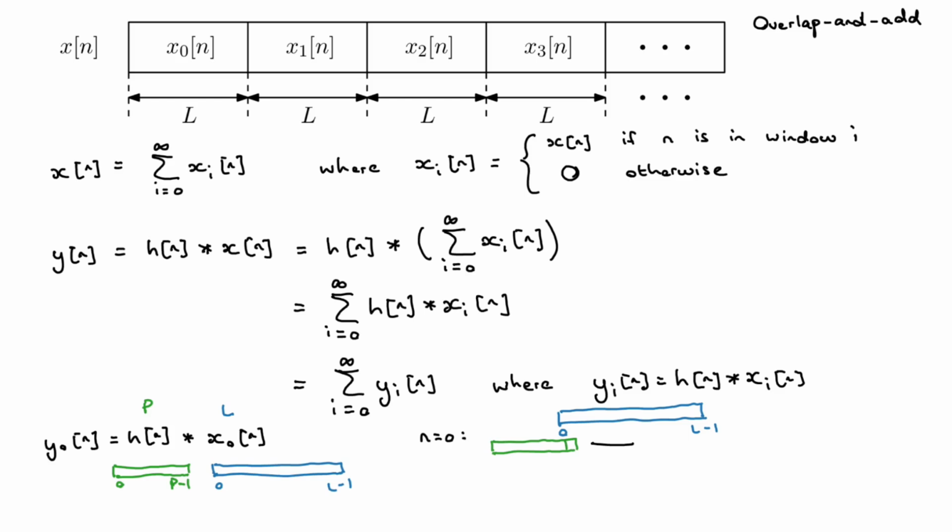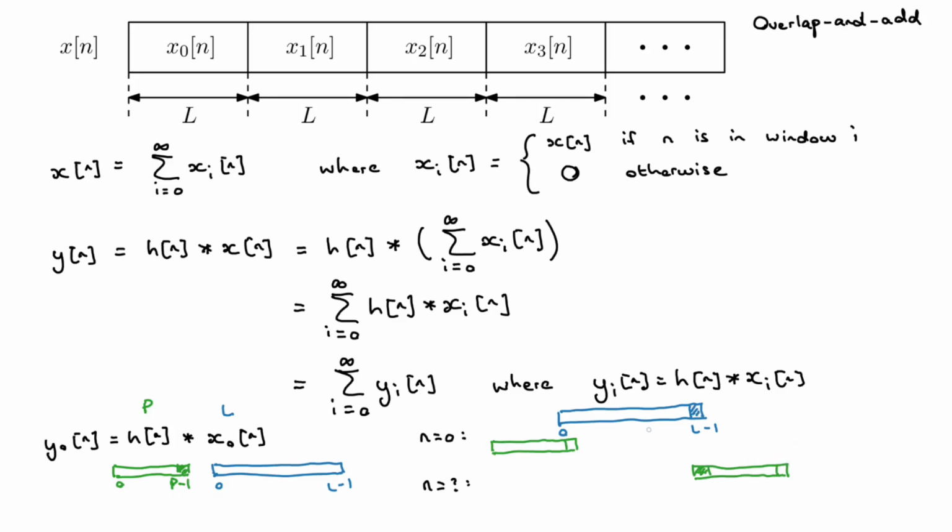At some point, the very last point, the question is where is the last point? The last point will happen when my flipped hn lies there. Then you've got this very last sample here that overlaps with this sample here. The n at which this happens is basically this length plus the length that I have here.